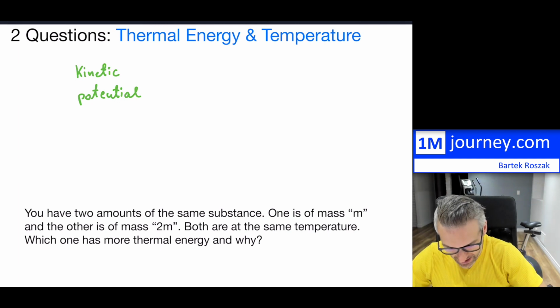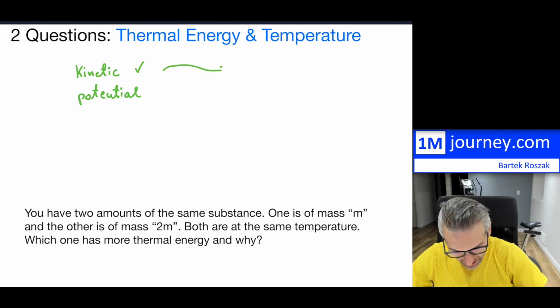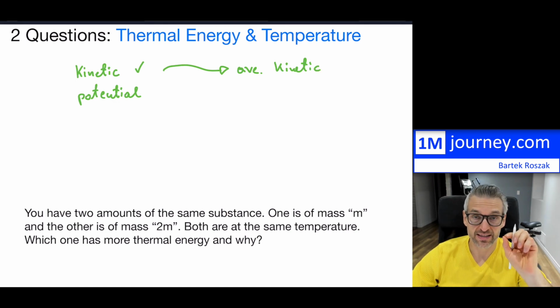Now, kinetic is relatively simple to understand because it is really just the vibrations or the movement of the particles that you have. And temperature is actually the measure of the average kinetic energy of all of those little particles. So that's a key difference.